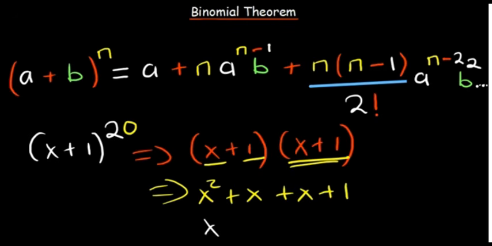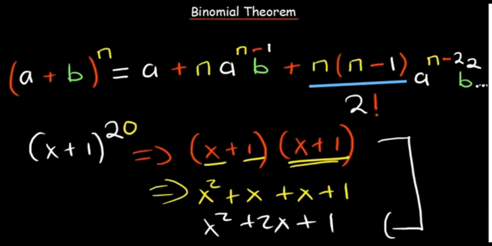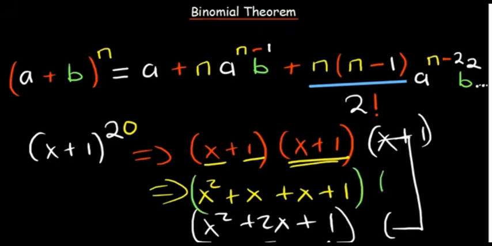So you have x squared plus 2x, and then plus 1. So that is how you perform a simple expansion. Of course, you're also able to perform, let's say, the third power. You can just add an extra bracket there, and after you've performed an operation, you can still multiply what you've calculated against the other bracket. Okay, well and good. So now from there, there's a simpler way of approaching it.